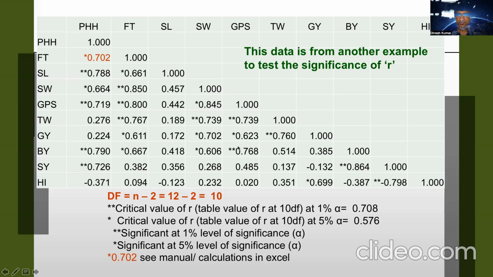Similarly, the values of correlation coefficients which are greater than 0.708, you can put 2 stars, meaning that is significant at 1% as well as at 5%. See manual calculations in Excel. So this is how you can interpret the significance of correlation coefficients.